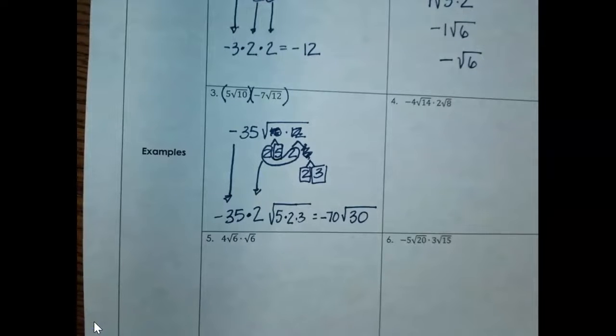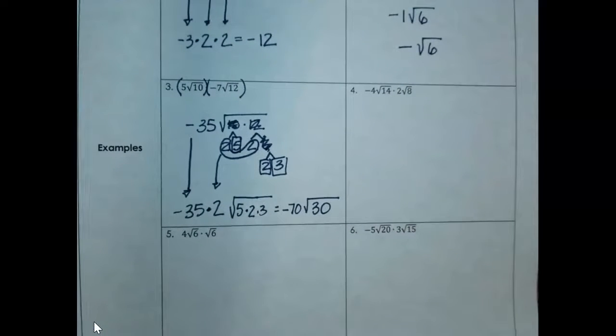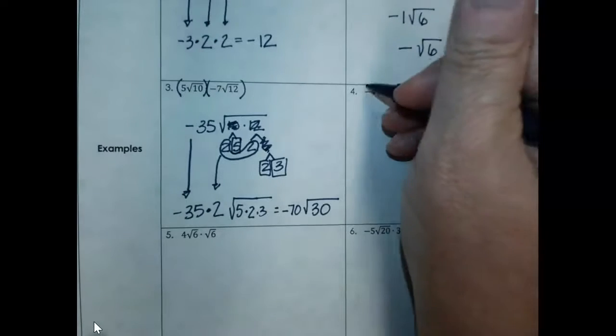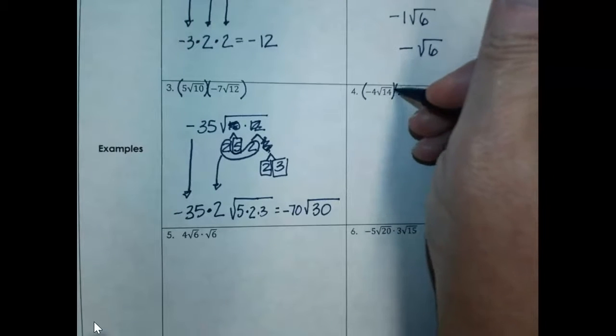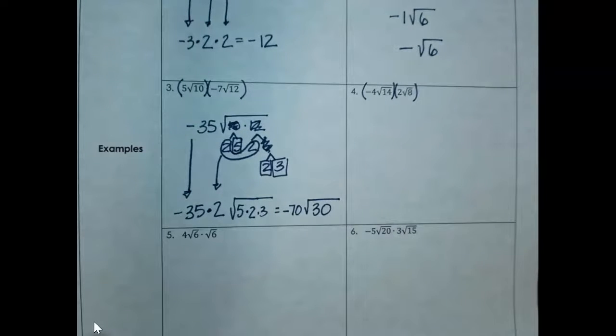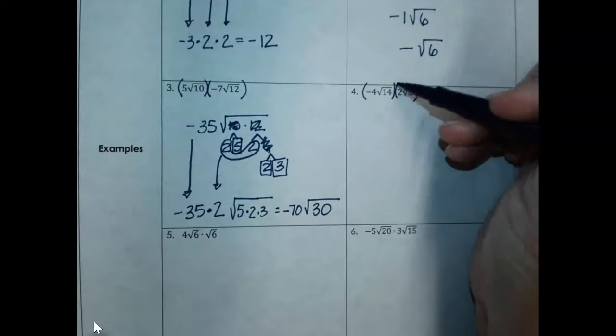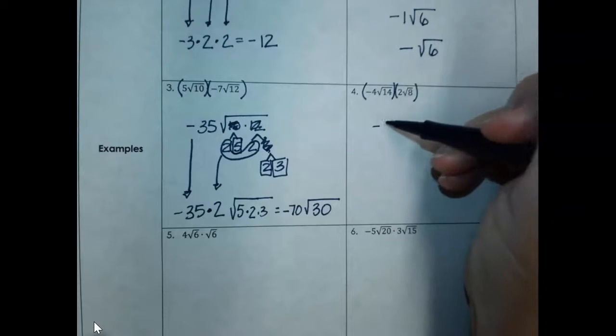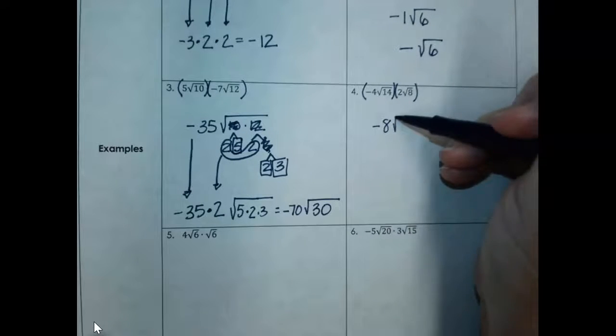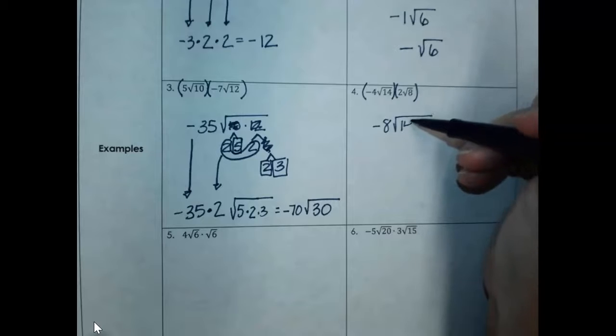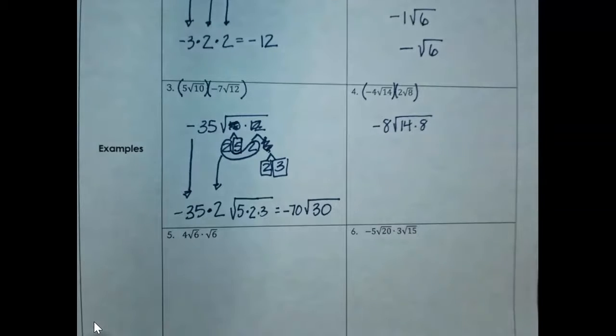All right, let's keep trying some more problems because really just seeing it helps. We've got negative 4 square root 14 times 2 square root 8. Outside number times outside number is negative 4 times 2, which is negative 8. Inside, I'm going to have 14 times 8.